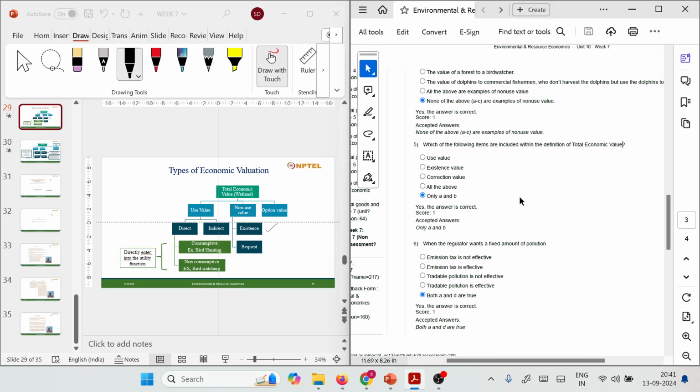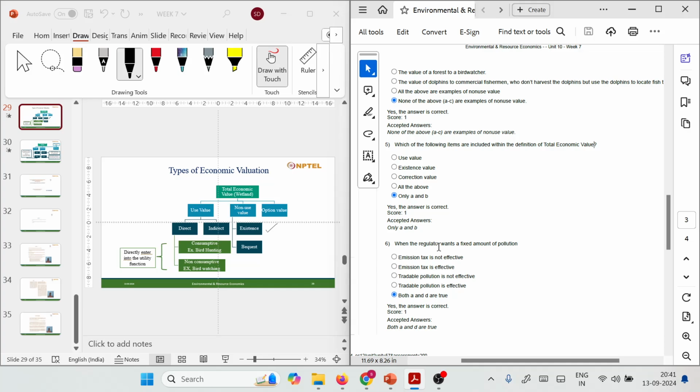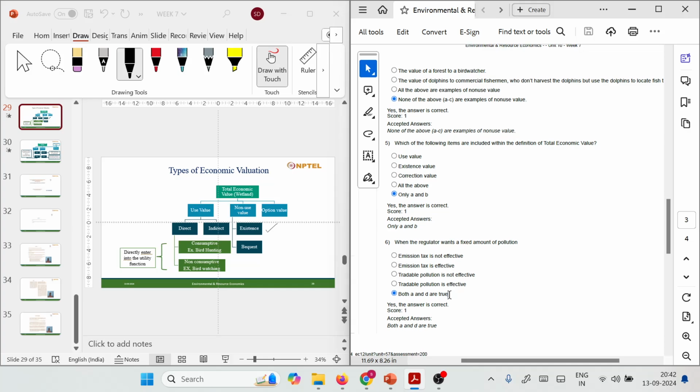Next, when the regulator wants a fixed amount of pollution, which one is effective? Since the pollution amount is fixed, emission tax is not effective, and tradable pollution permit is effective. Therefore, the correct answer is options A and D. Both A and D are true.